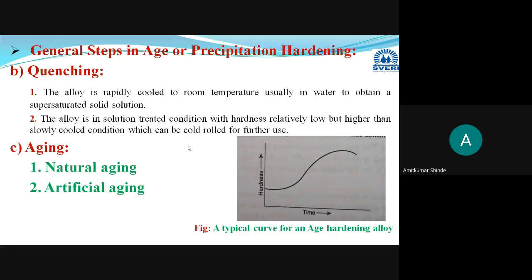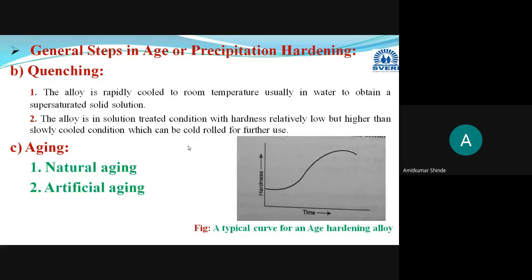Definitely some increase in the hardness value is there, because we have heated it, then after heating we have done the holding process for some definite period of time to get the homogeneous phase, and after that we have done the quenching by directly dipping it into the water, and cooling is done up to room temperature.